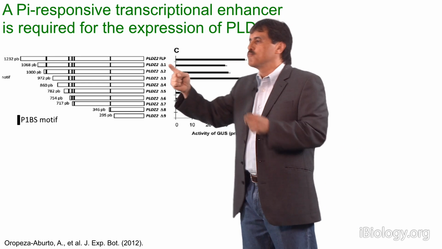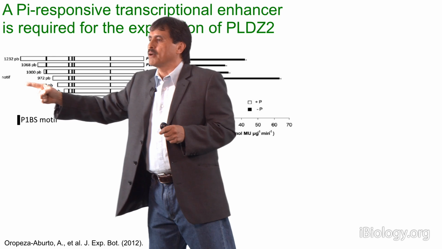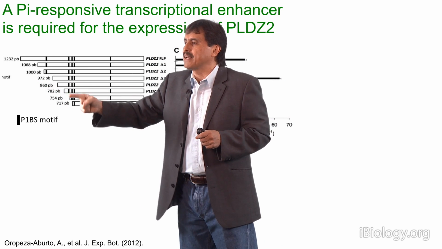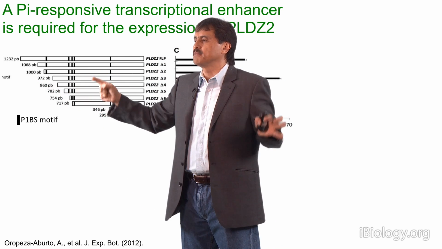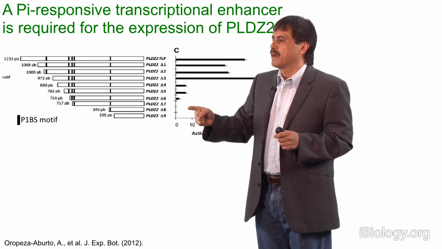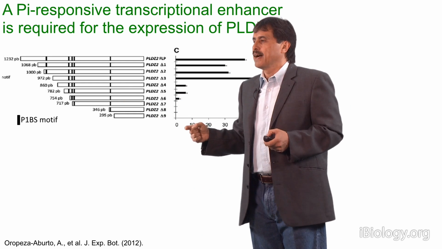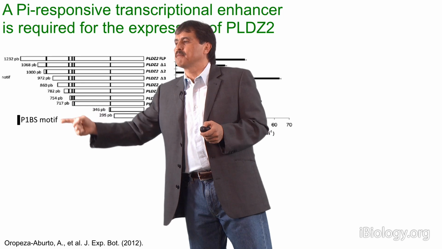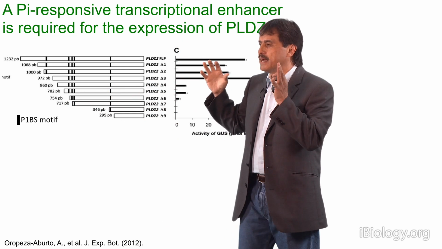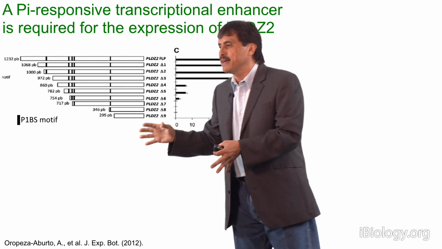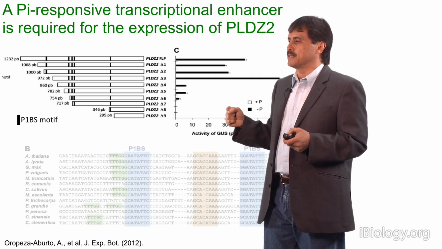We can remove parts of the regulatory sequences gradually until we find a sequence that when it's removed, the gene is inactivated. And we found that there is an enhancer element. Enhancer elements are transcriptional elements in the DNA that activate the expression of genes.